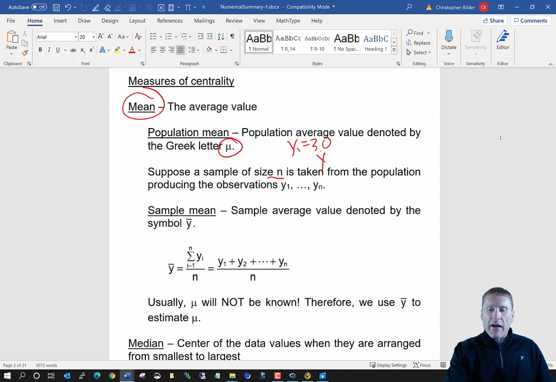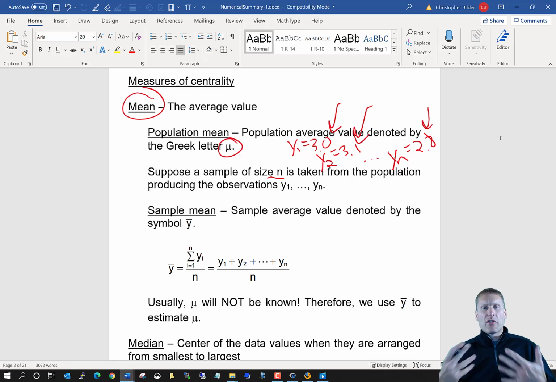The second value is denoted by Y2. Maybe that was 3.1. And if we want to be very general, the nth value that we got, maybe it was 2.8, and so on. The reason we use letters there, even though I did write out numbers, is that it provides a general way to represent the values of our observations, so we can talk about more than just the GPA problem.